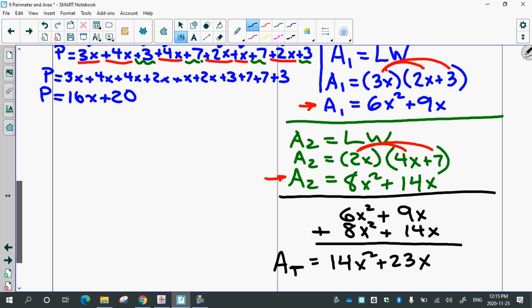So there's our total area. So when you're finding total area, that vertical addition can be helpful for you, okay? It lines your like terms up for you. All right, that was a big question. Got one more to go.